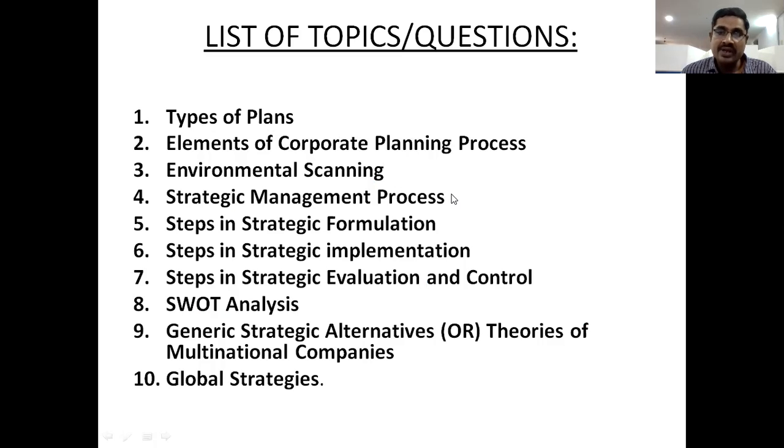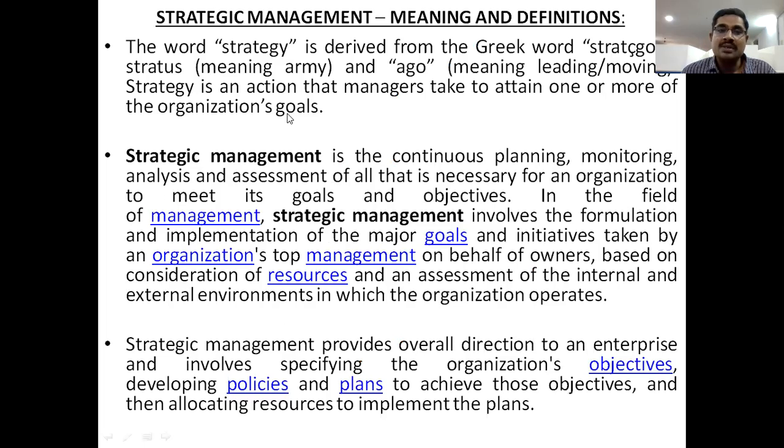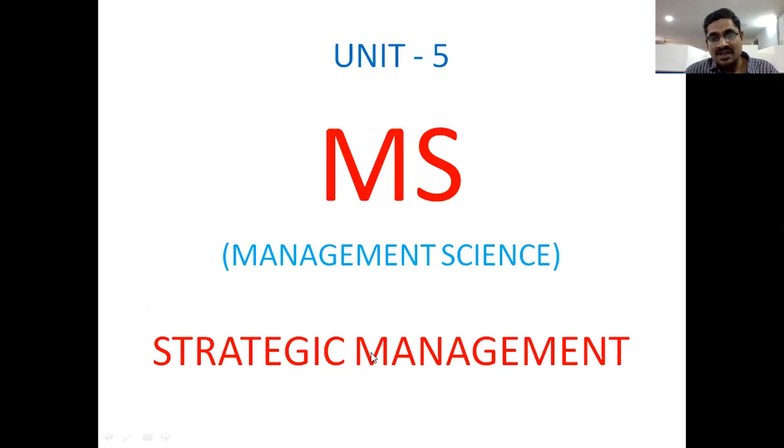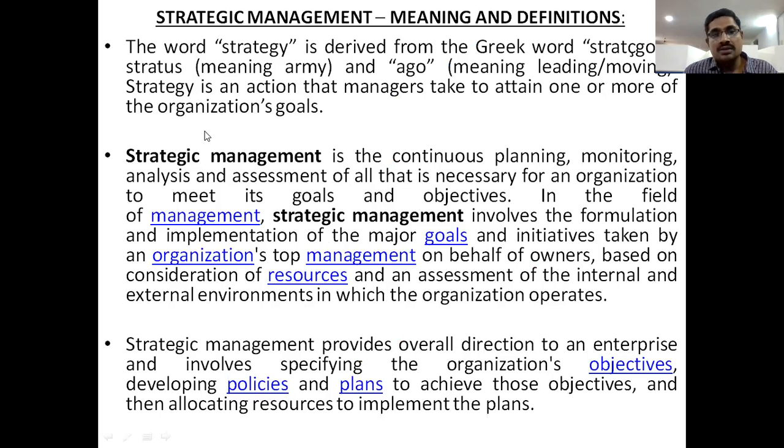Before starting this topic, types of plans, just understand what is meant by strategy. Introduction, right? Strategic management. So what is meant by strategic management? The meaning and definitions, right? So look at here.